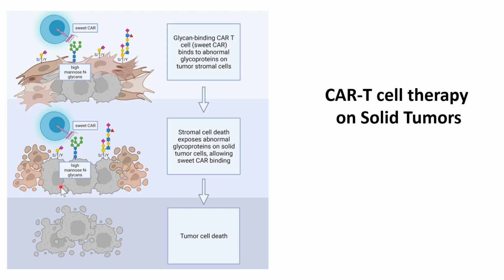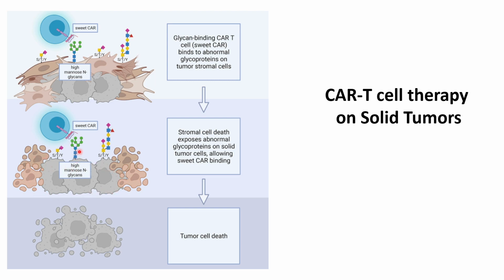One pilot study of this sweet CAR to target the abnormal glycan on the glycoproteins present on the cancerous cells has also been demonstrated in mouse, and that study has been published in the literature.